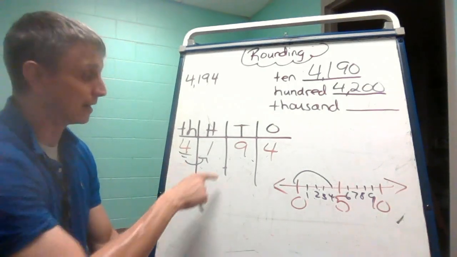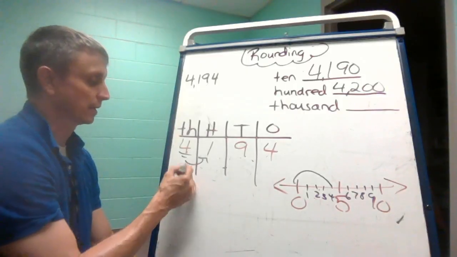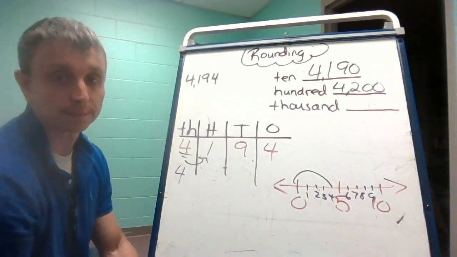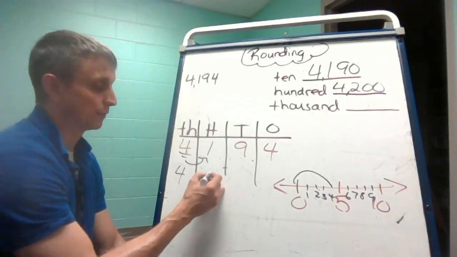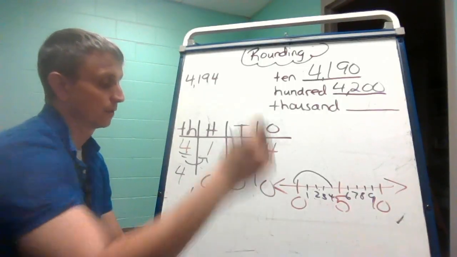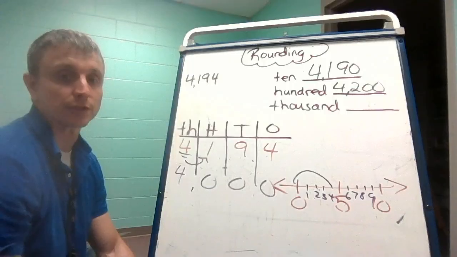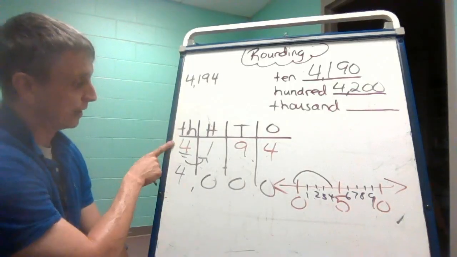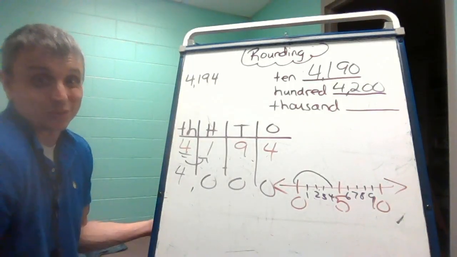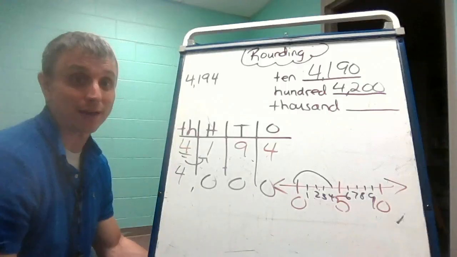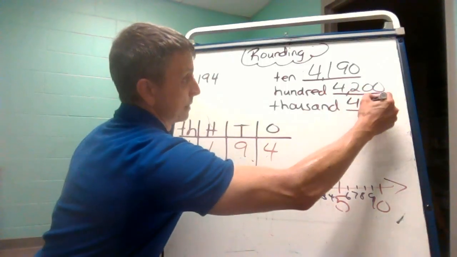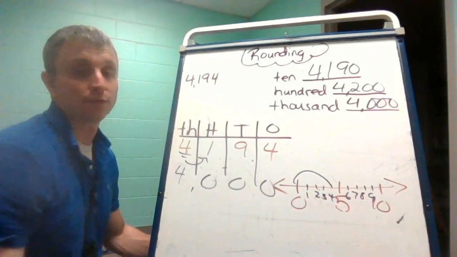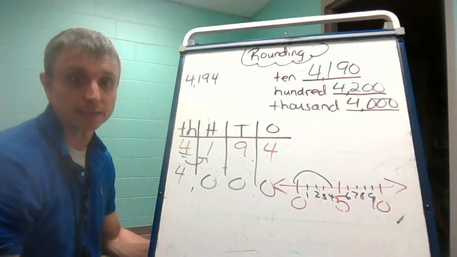If you want to think about it, 4 plus 0 is 4. Maybe a little bit easier to think of it that way. And then just like before, the rest of the digits change to 0. There are no place values greater than 1,000, so I don't need to really do anything about that. 4,194 to the nearest 1,000 is 4,000. Easy peasy, lemon squeezy.